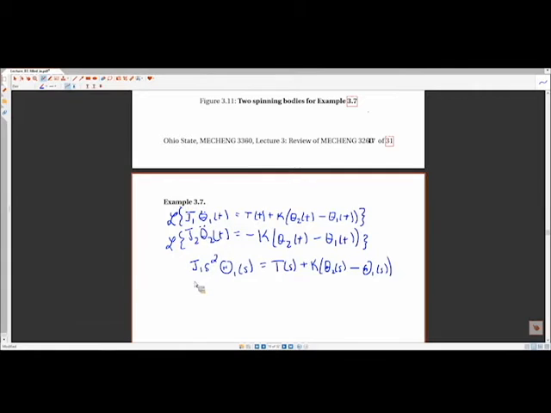For the second one, J2 S squared theta 2 of S is equal to negative K times theta 2 minus theta 1.